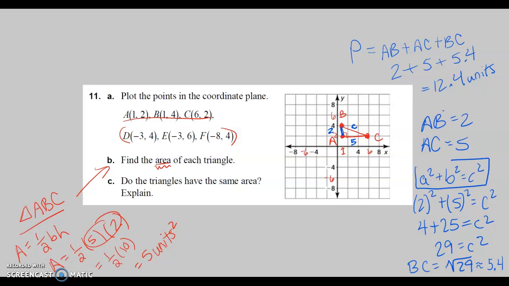Let's just blow your mind here. a squared plus b squared is equal to c squared. If you want to find the distance between B and C, which we're using as c here, like this.